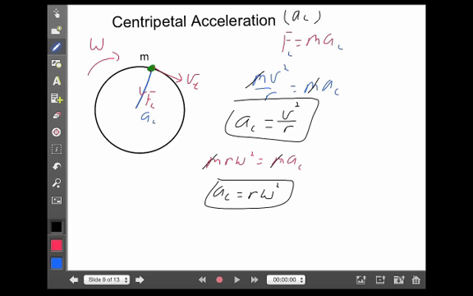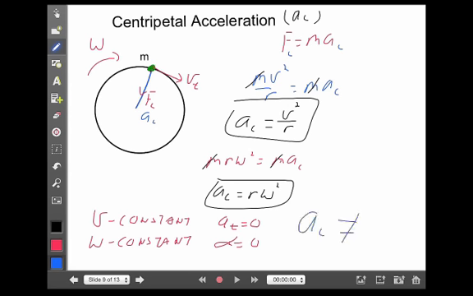Always. So even if linear velocity is constant, then angular velocity must also be constant. Now, that means that tangential acceleration is zero, angular acceleration, alpha, is zero. However, centripetal acceleration is not zero.